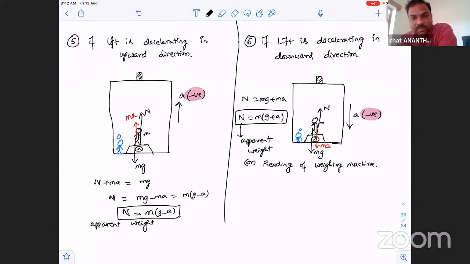Okay, Rodana, anybody writing? Then we'll see some other situations related to pseudo force, non-inertial frame of reference. Okay, Varshita completed. What about others?